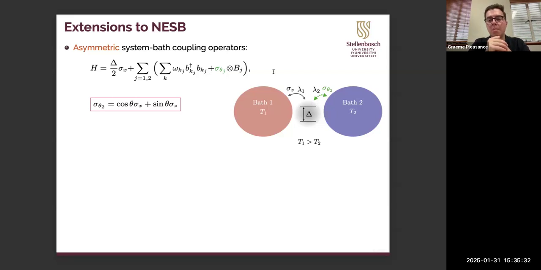So a variant of this non-equilibrium spin-boson model that's been proposed in the last few years is one in which you still have this configuration where you have a two-level system that interacts with a hot and a cold reservoir, but you now assume that the system coupling operators to each of these reservoirs are no longer necessarily the same.